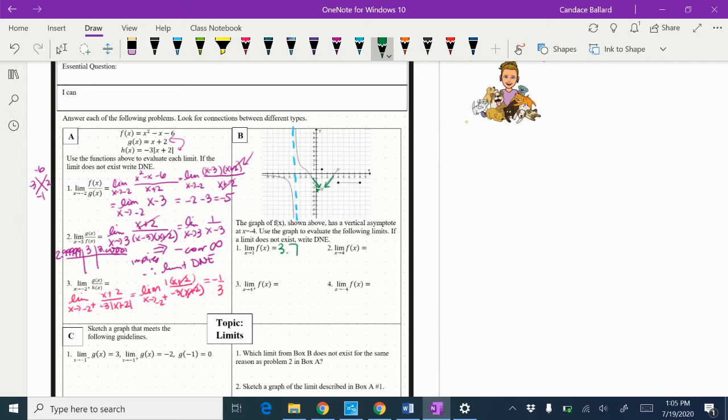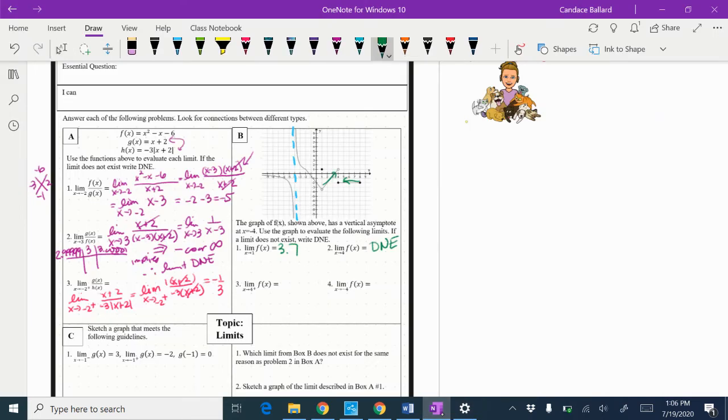All right. We're now looking at 4. So let me erase a little bit. And as we approach 4, it doesn't have the same right and left hand limit. So we would say that this one does not exist. Okay.